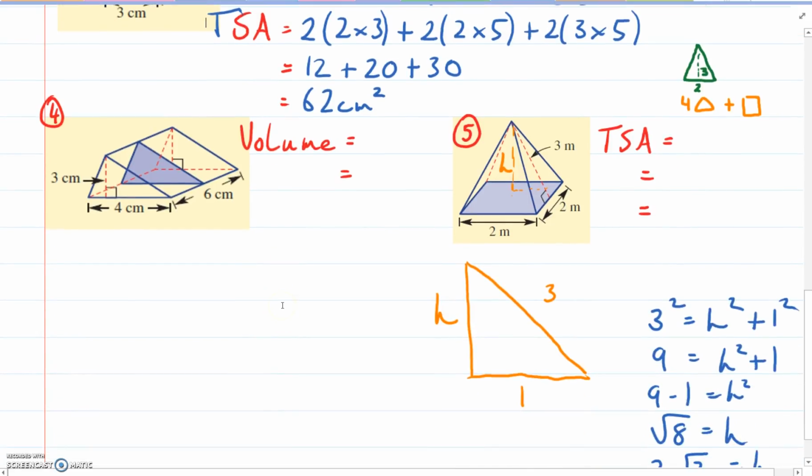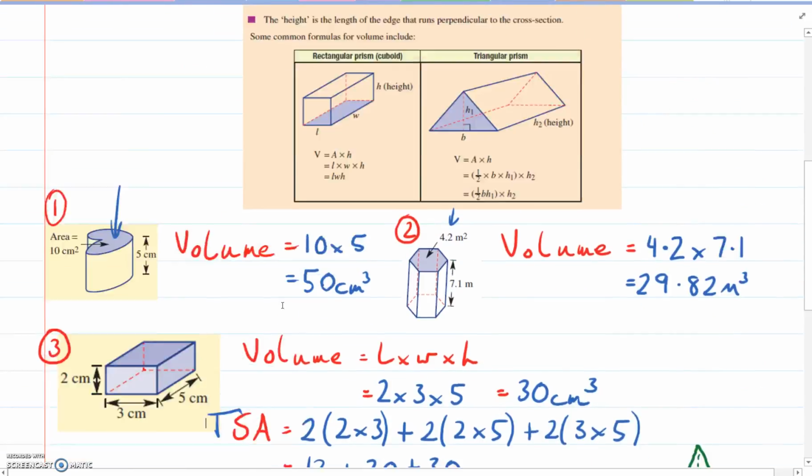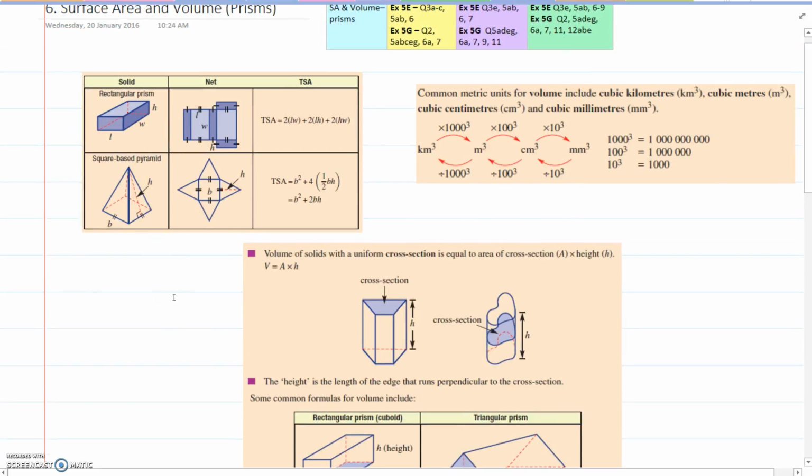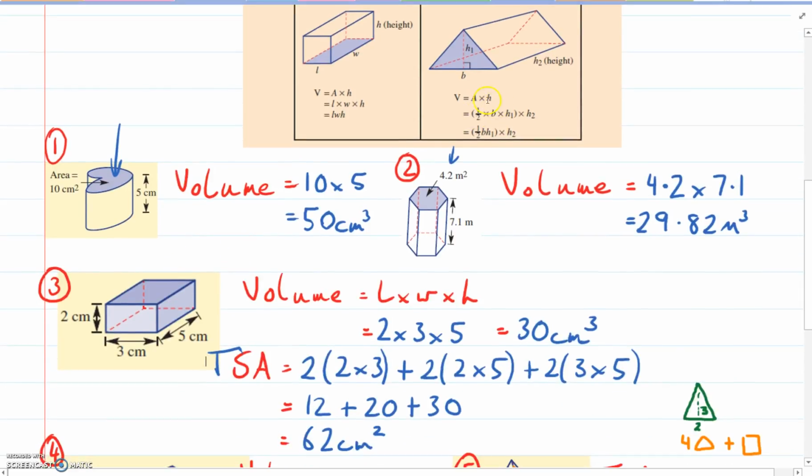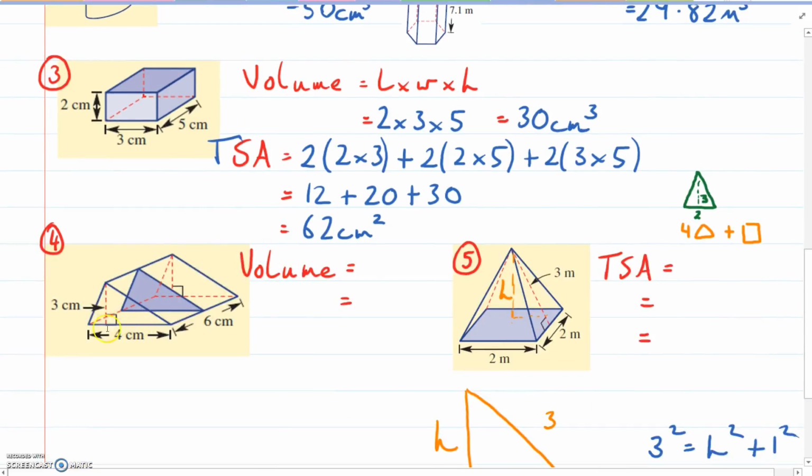Let's have a look at this next one. So volume here, we might want to go back to our triangular shapes here. Here we go. So this one here, because we're talking volume, we're going to do half of this front end times h. So we're going to find the area of this here and then multiply it by the length.